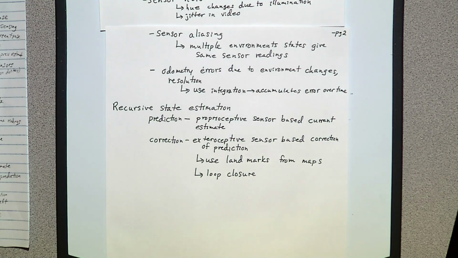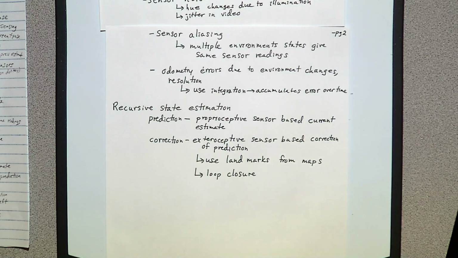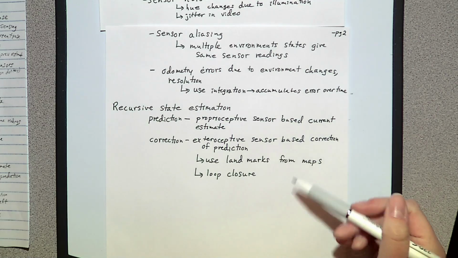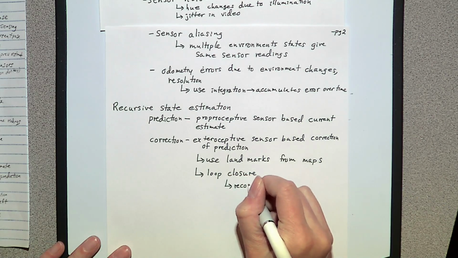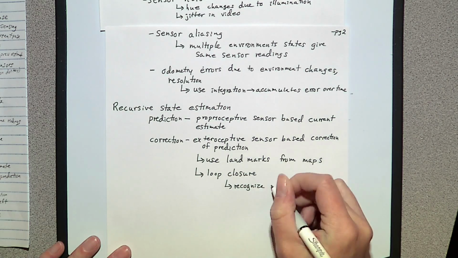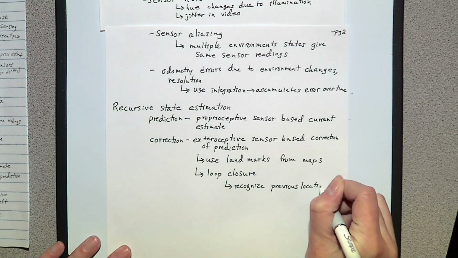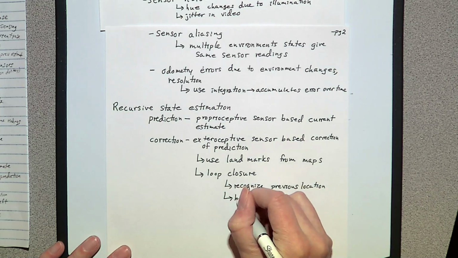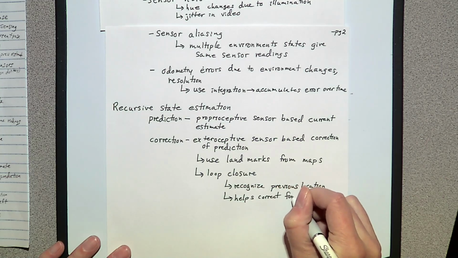So if you say that you're trying to do a square, and then based on your loop closure, you find out that you're further away from that than you expected, that's the way that you can correct for any kind of odometry drift errors. And so you recognize a previous location, and you use this to help correct for drift.